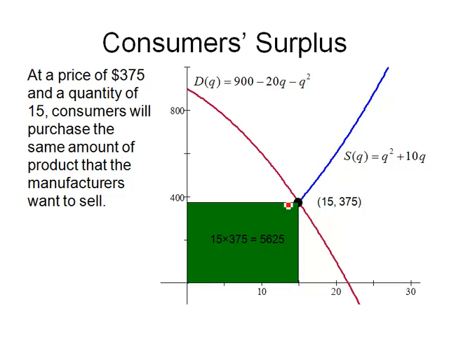This is simply the area of the green box that we see here. In other words, finding area allows me to find the total amount of money that comes from the sale of those items. In this case, if we sell 15 items at $375 apiece, we get an area of $5,625.